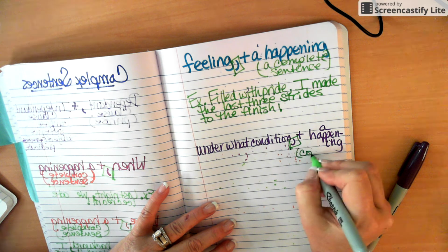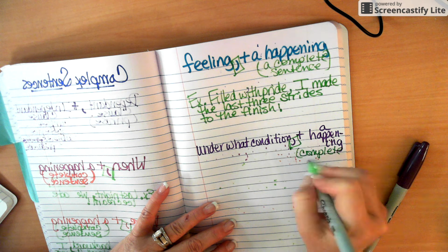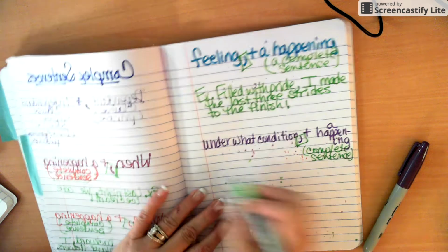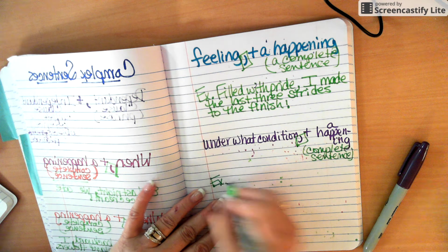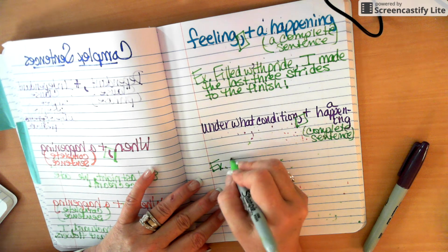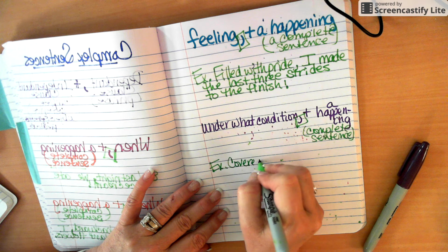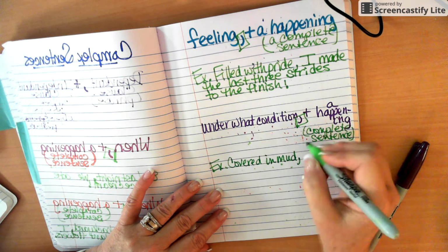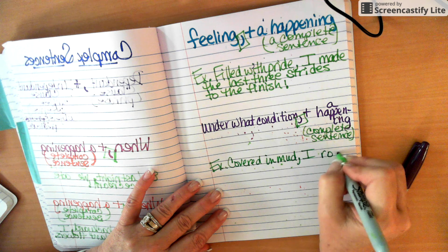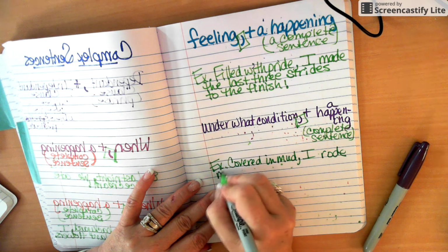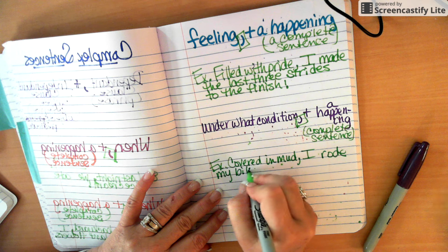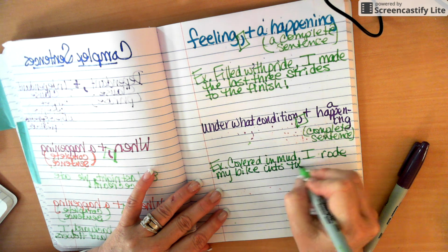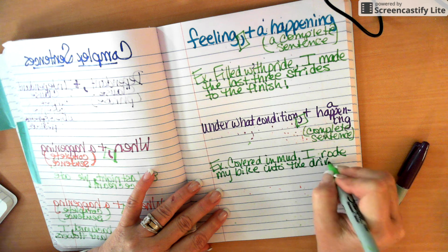This is a complete sentence again. And this one is kind of fun. So example is like covered in mud, comma. I rode my bike into the driveway.